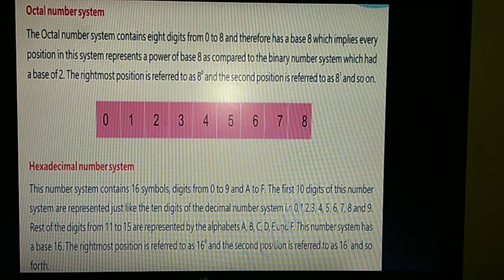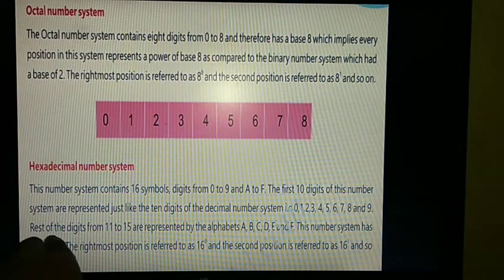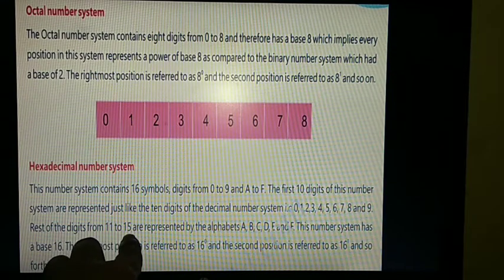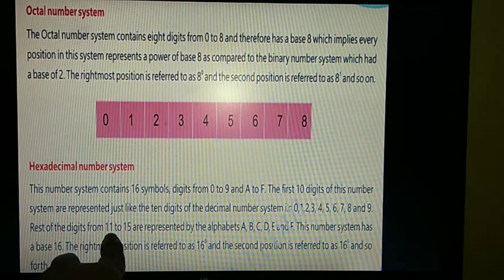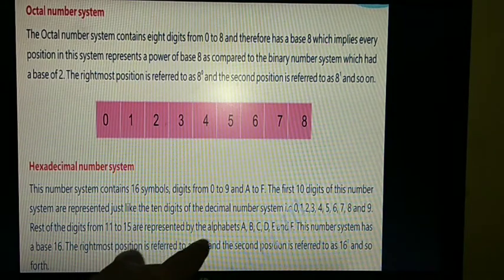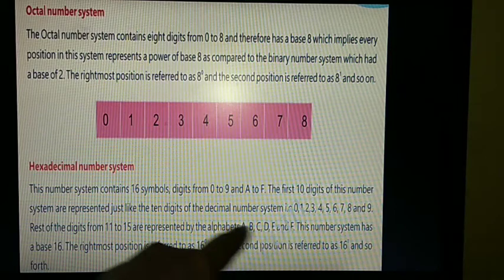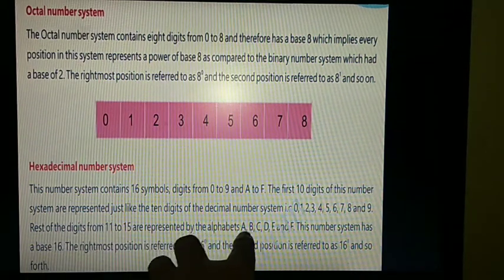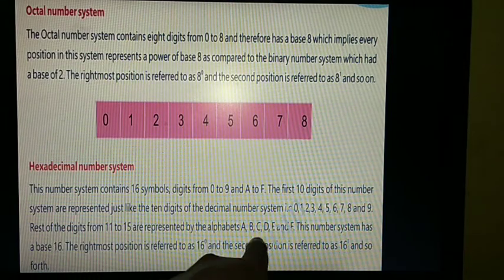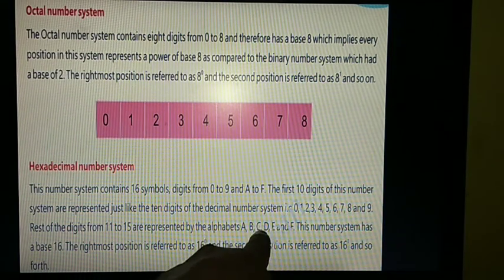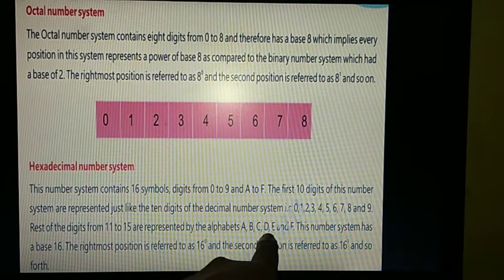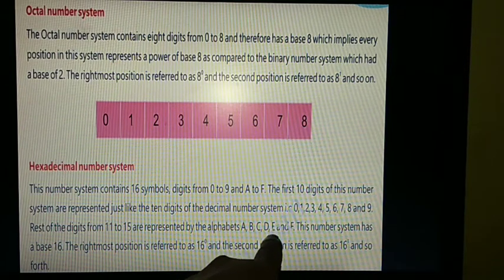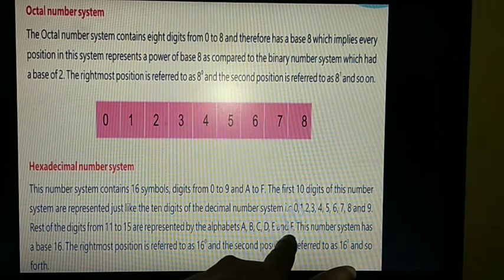Yes, again there is a small mistake in this printing. Just look at this line: the rest of the digits from 11 to 15 are represented. Actually it is not 11, it is 10. 10 to 15 are represented by the alphabets A to F, wherein 10 represents the letter A, 11 represents the letter B, 12 the letter C, 13 D, 14 E and 15 F. Clear?